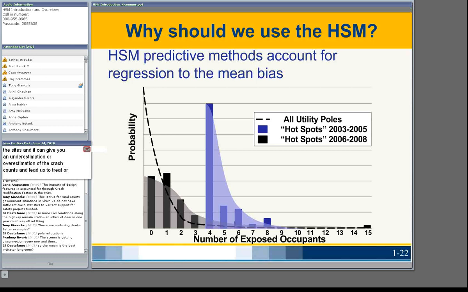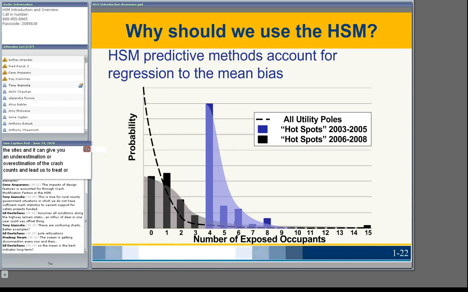That consists of the roadway predictive methods, and it consists of 12 will be on rural multi-lane highways.